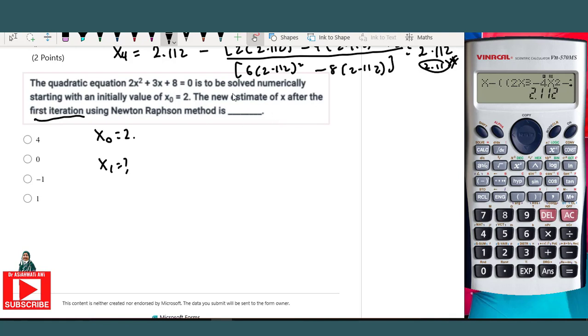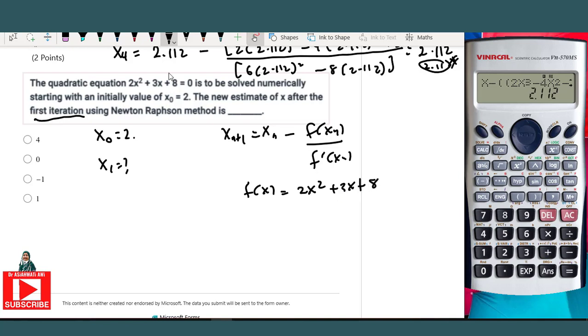The formula is the same as number 9: x n plus 1 equals x n minus f of x n over f prime of x n. The given f x is 2x squared plus 3x plus 8. Differentiating f x, we get 4x plus 3. Then use the formula to find x1.